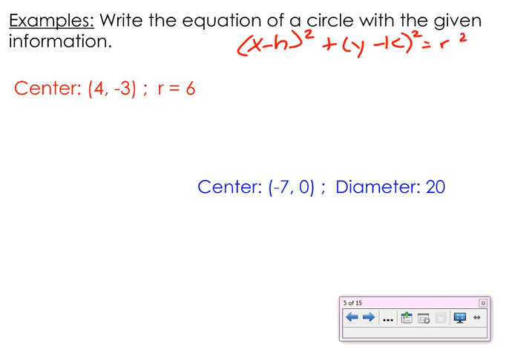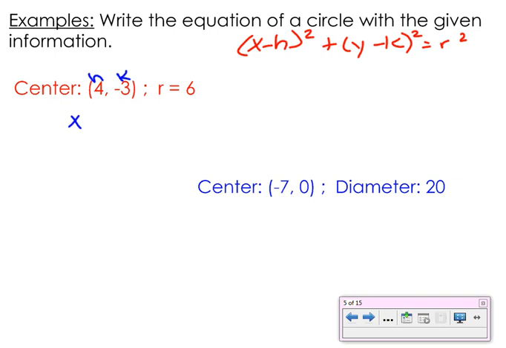Now this will be given to you on your formula sheet during the SOL, so you don't have to have it memorized. Okay, so they give me my center and I'm going to label everything. This is my h, this is my k, and then they've already told me my r, so that's already labeled for me. So I'm just going to plug in my pieces.